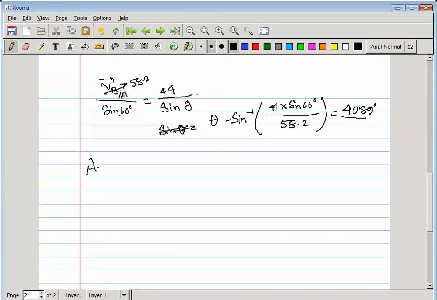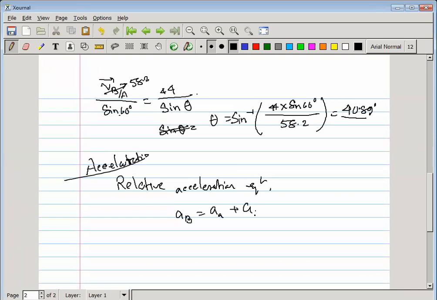So, relative acceleration. The acceleration equation is what I told you now, that a b is a plus a b by a.